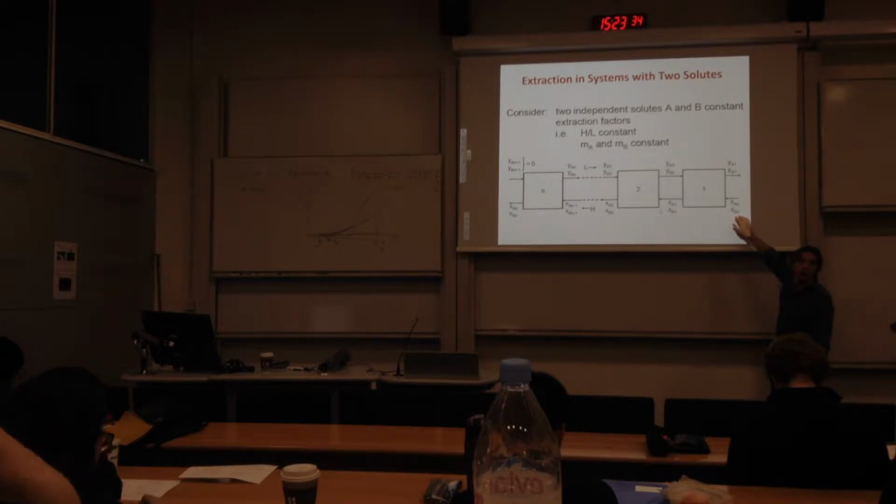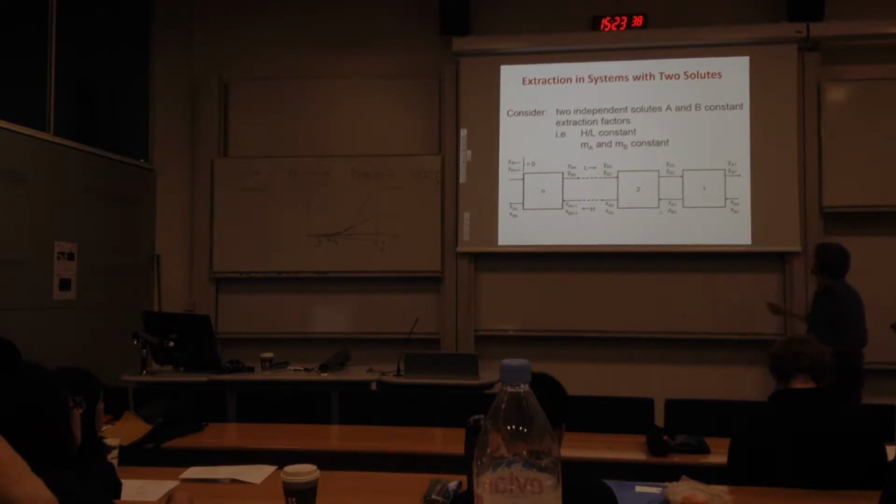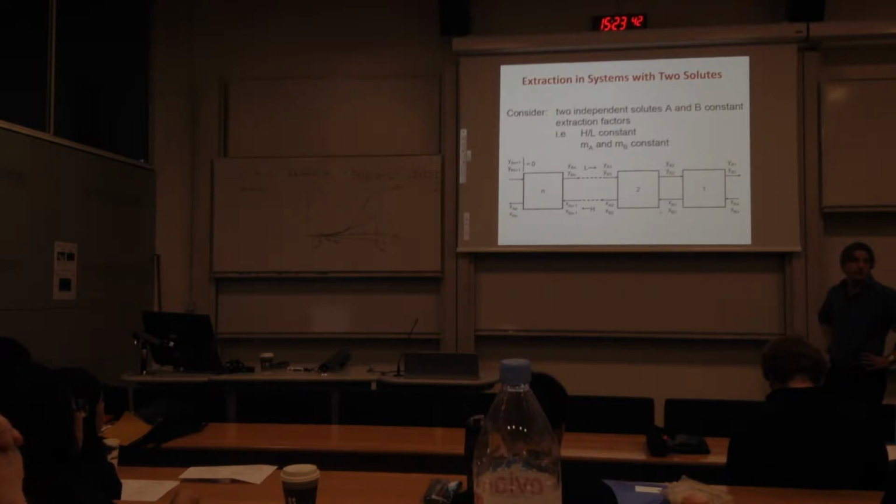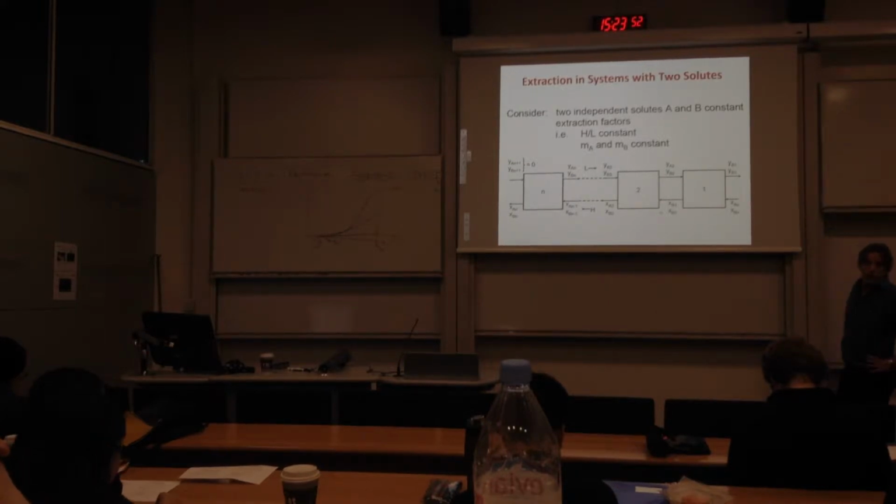So what on the other side? What on these numbers here? What do you want to be high here? YA1, YB1, both? YA1. Yes, if you extract a lot of A, YA1 will be high.